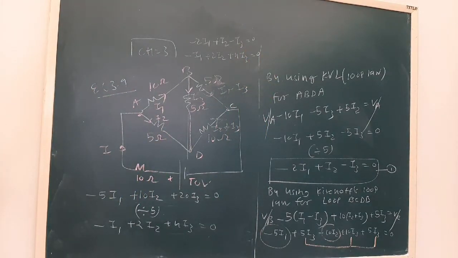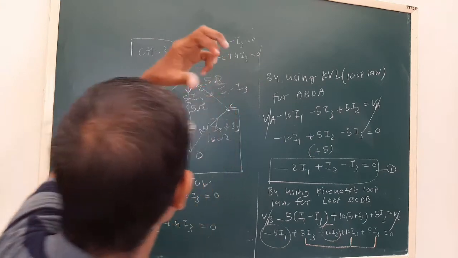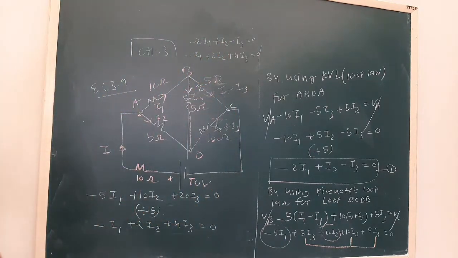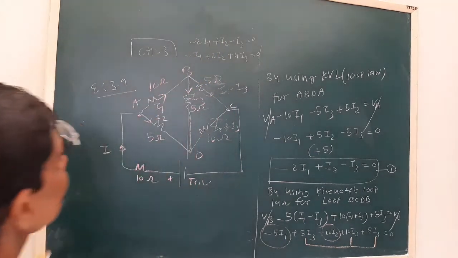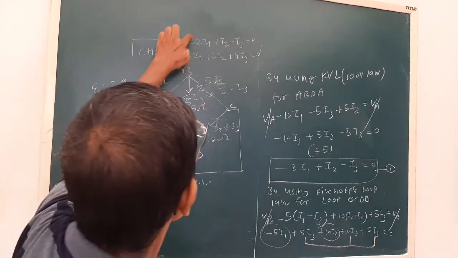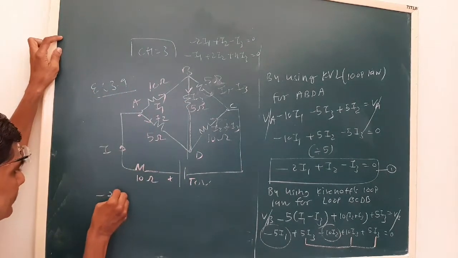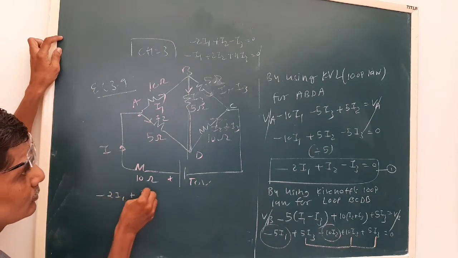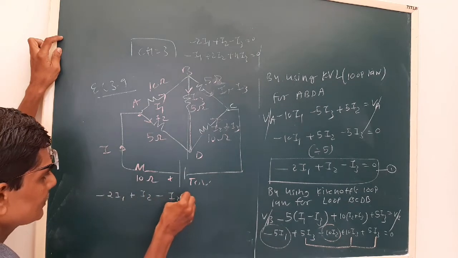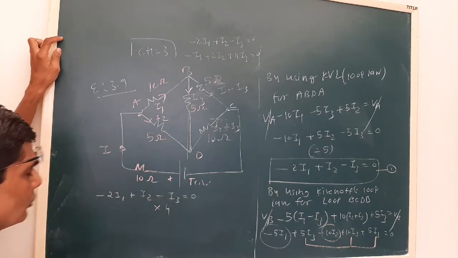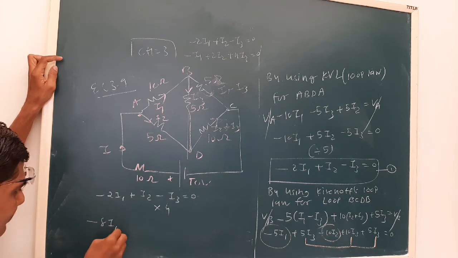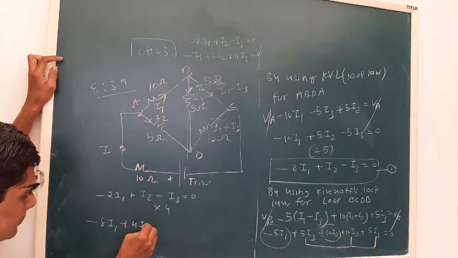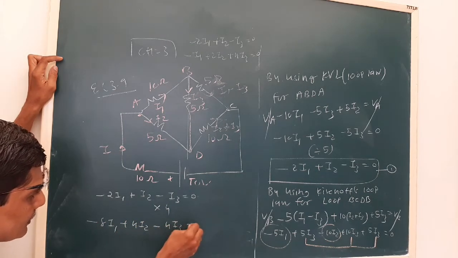Now we establish the relation between I1 and I2. See, the first equation: minus 2I1 plus I2 minus I3 is 0. If I multiply by 4, minus 8I1 plus 4I2 minus 4I3 is 0.